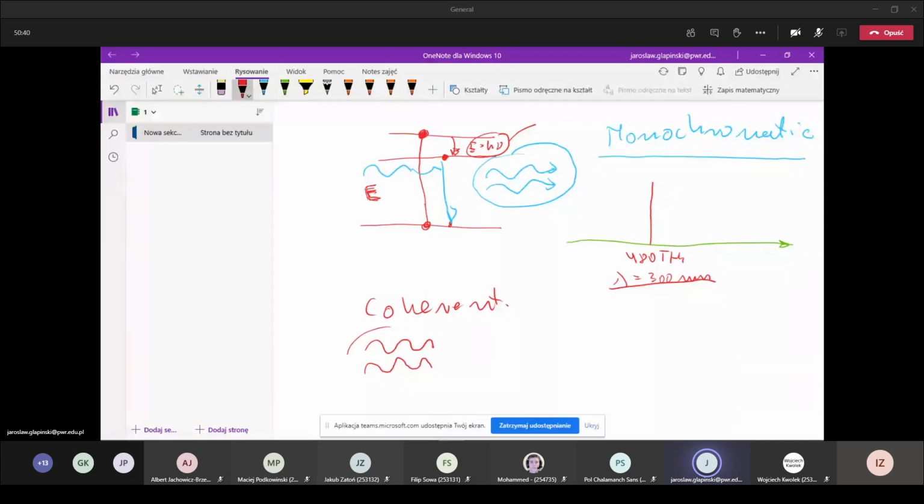So it is coherent. So it's got monochromatic and coherent.